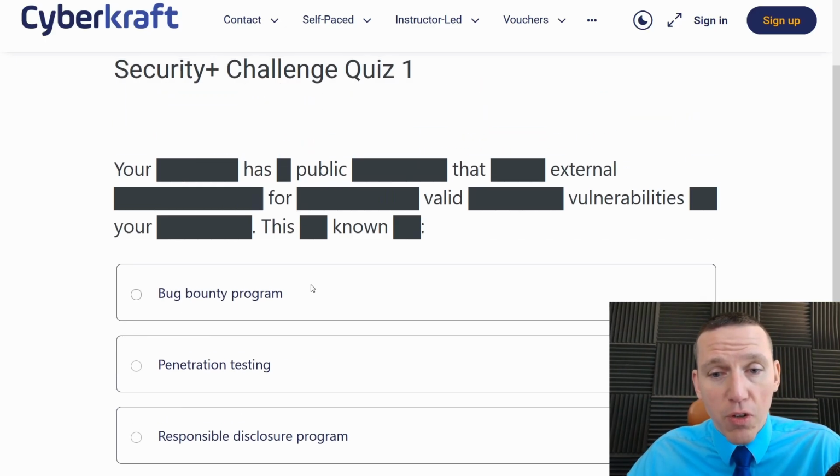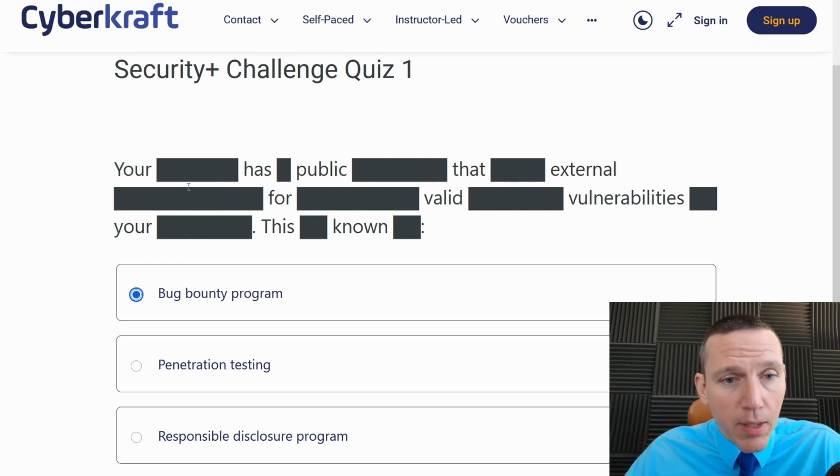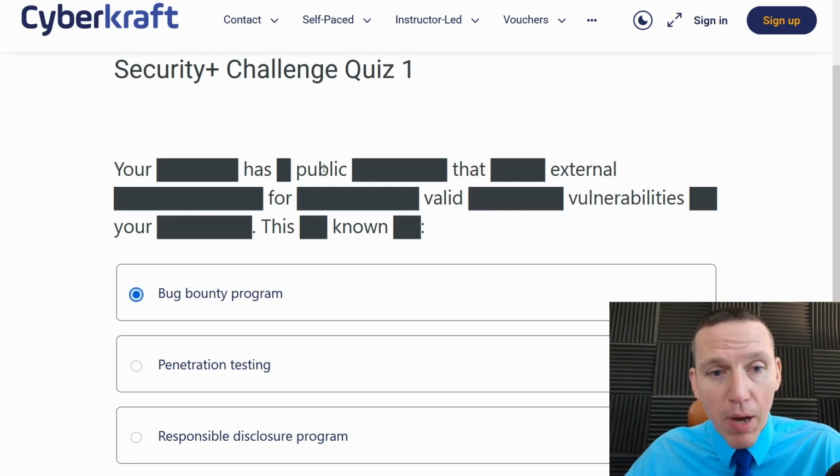I think this is referring to bug bounty because this is saying for valid something vulnerabilities to your, I would guess this is company, your company or organization, probably company just based on the, has a public something that allows external testers for submitting valid malicious vulnerabilities.